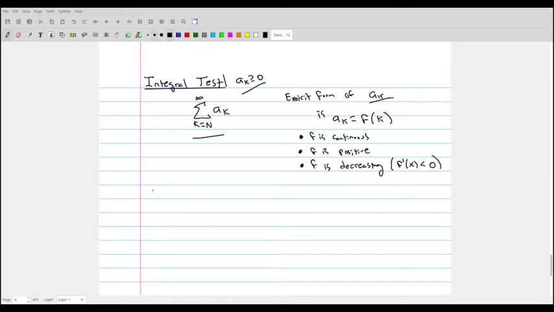So if all of this is true, then we have the following.